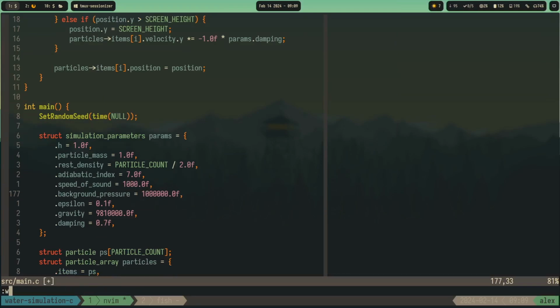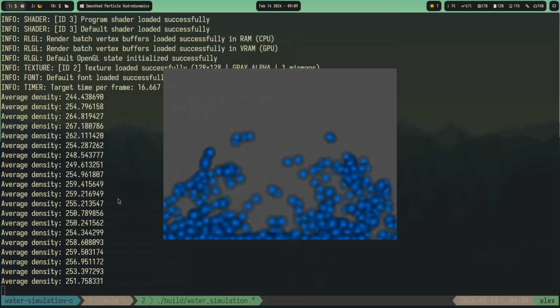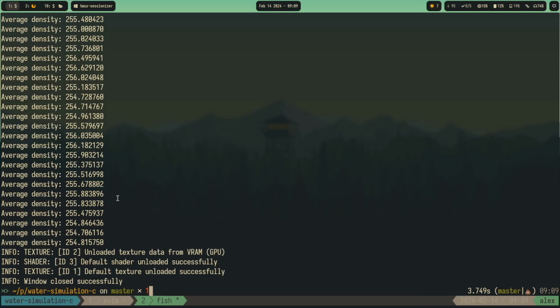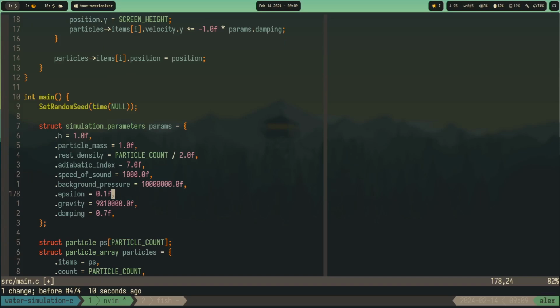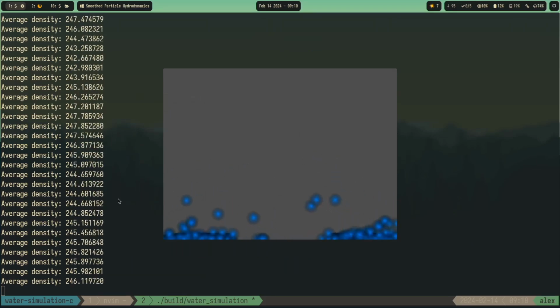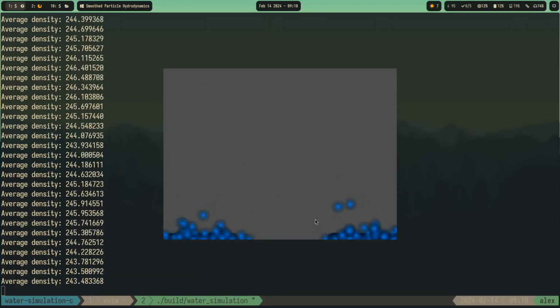Let's see if we change the background pressure. Still the same stuff. What if we increase the epsilon? Oh, increasing the epsilon somehow did something.